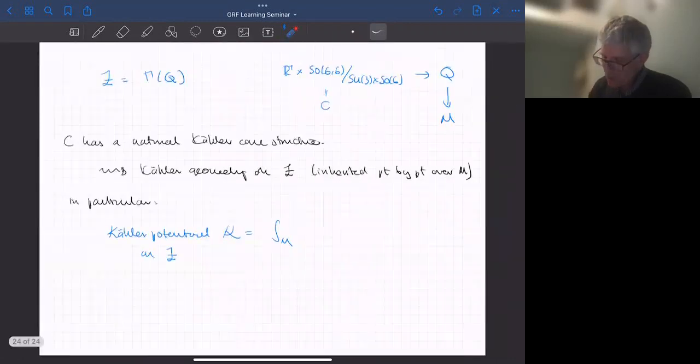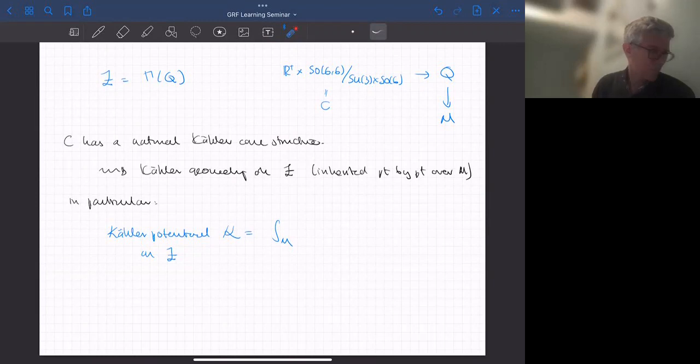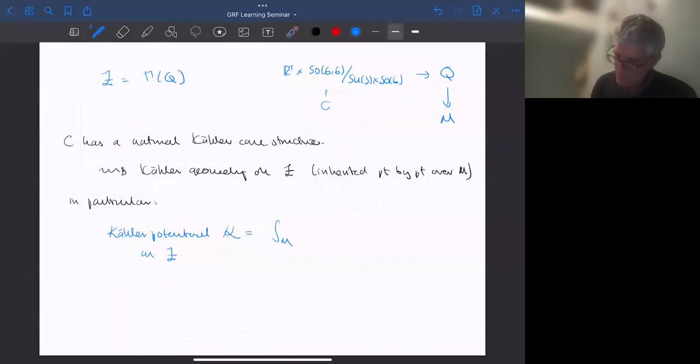So that was the complex structure. For the symplectic structure, rather than give you the symplectic form, I'm just going to tell you what the Kähler potential is because it's globally defined on this space. And it's given by an integral over the manifold of eta of psi bar to the half power.